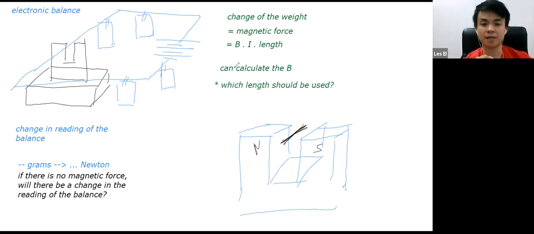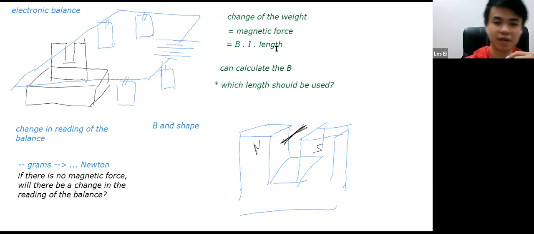But then the limitation is, there was an IB student who carried out an experiment creating B and shape. If you use this setup, then not all of the shapes you can check the B. If you have a button magnet, that is quite challenging already.